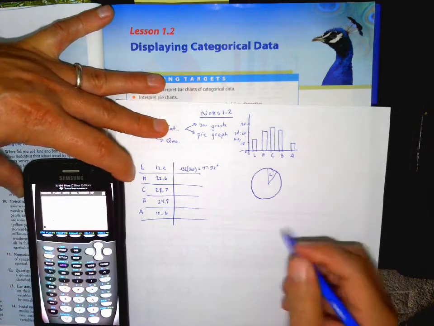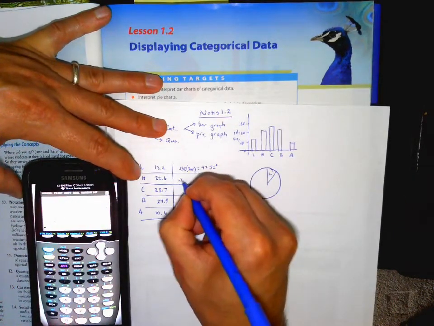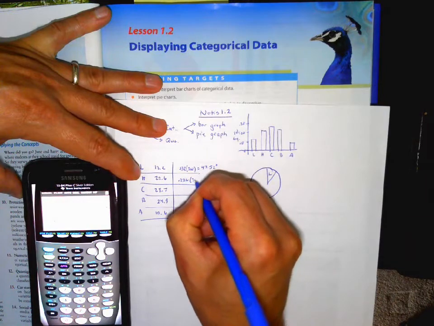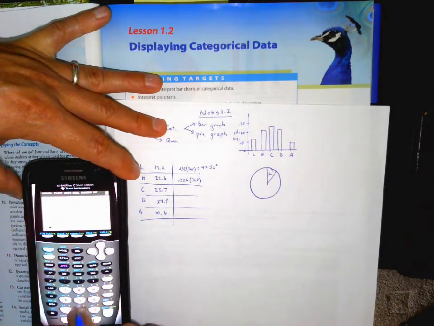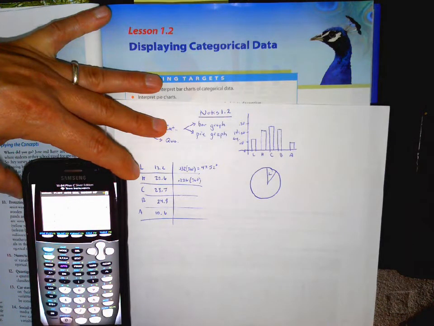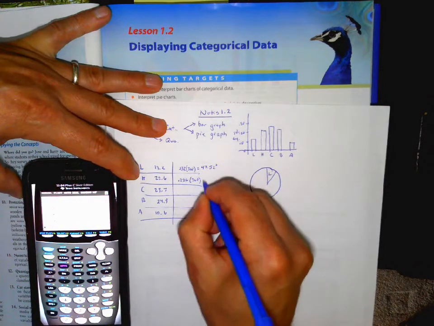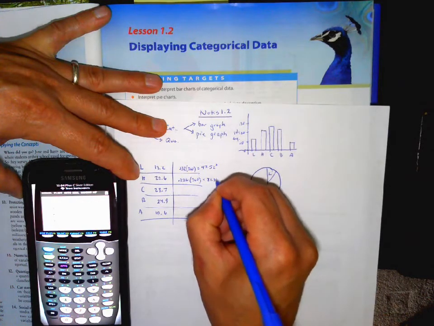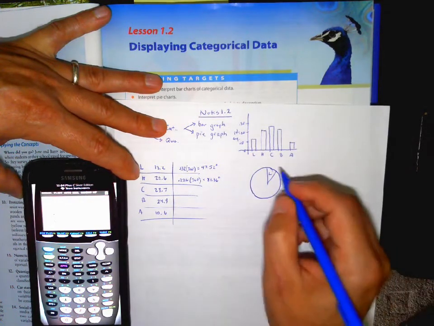High school: 0.226 times 360 degrees gives you 81.36 degrees.